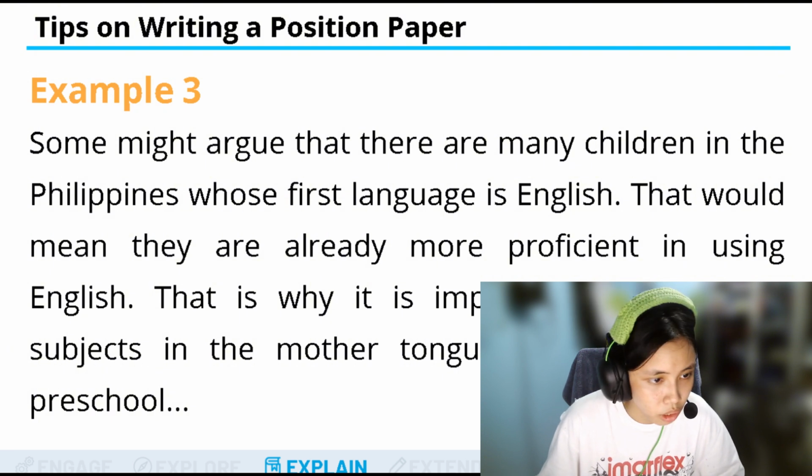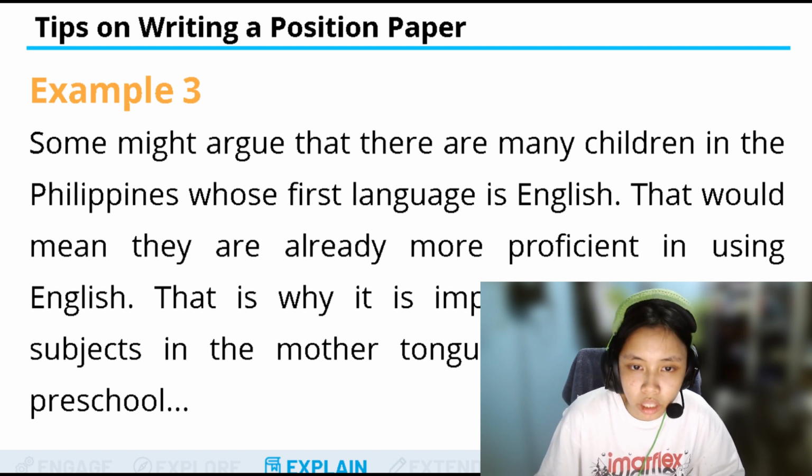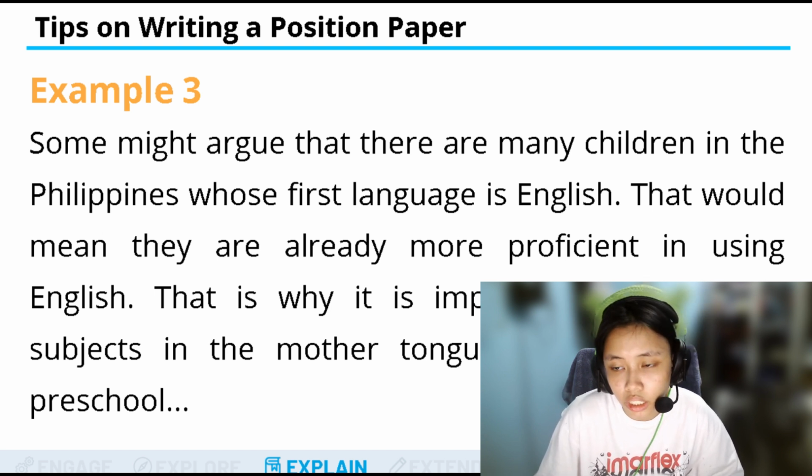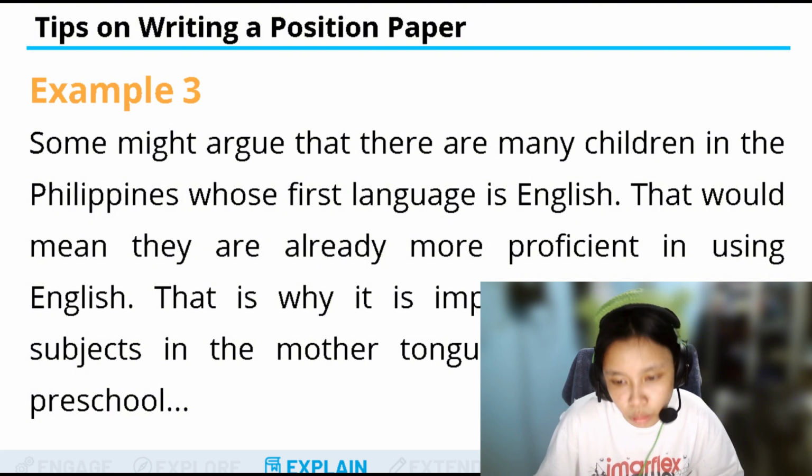So let's have here our example number 3. Some might argue that there are many children in the Philippines whose first language is English. That would mean they are already more proficient in using English. That is why it is important that teaching subjects in mother tongue begin as early as preschool.